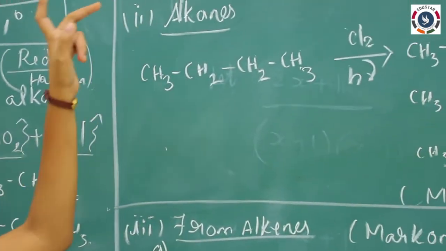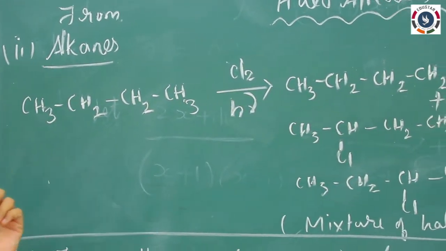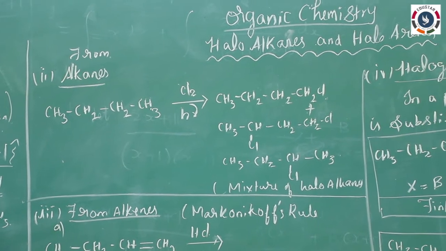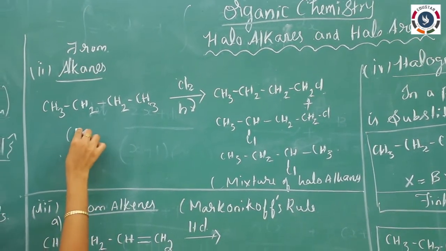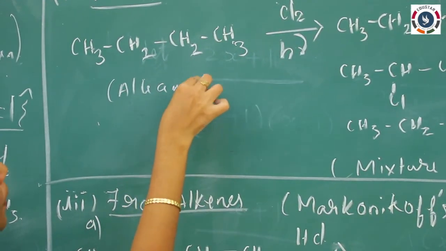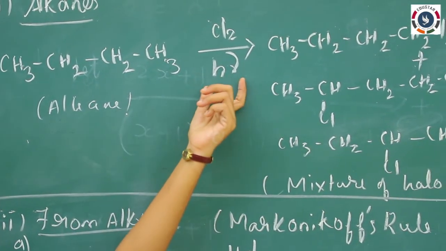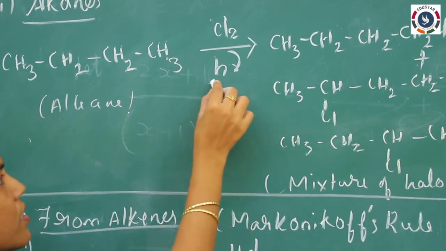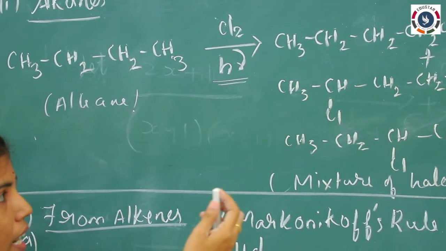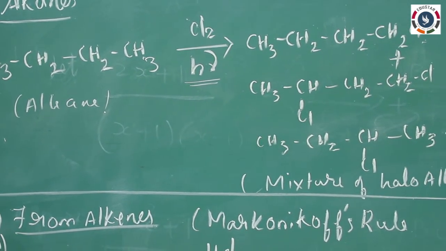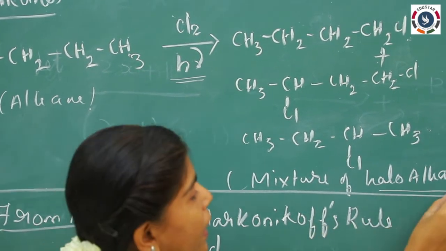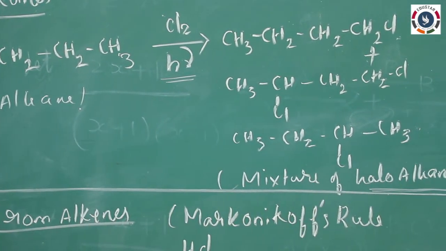This is from alkanes. This reaction you might have learnt in your 11th standard, that is, take any alkane. I have taken here butane. On treatment with chlorine in the presence of hv, that is sunlight, it gives a mixture of alkyl halides. So what is the mixture?